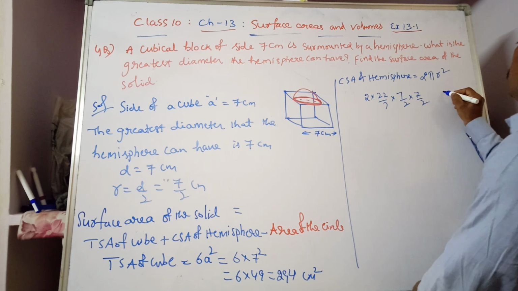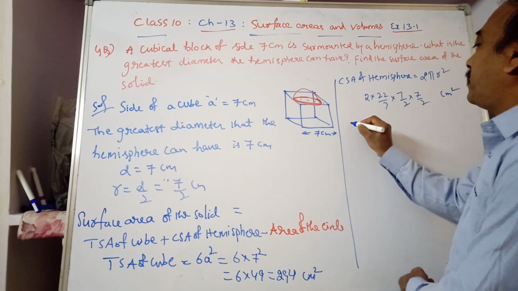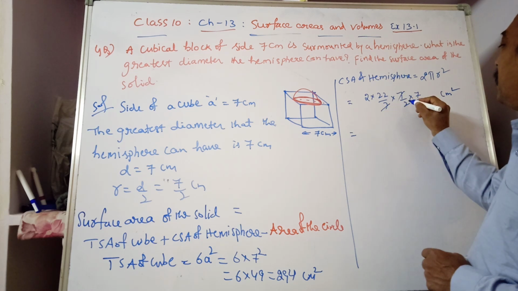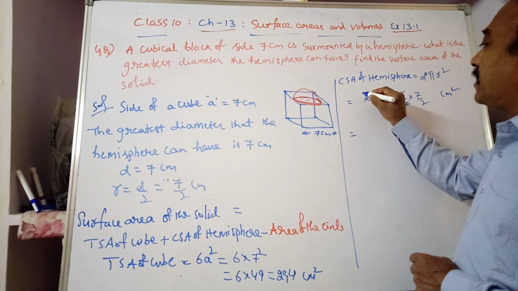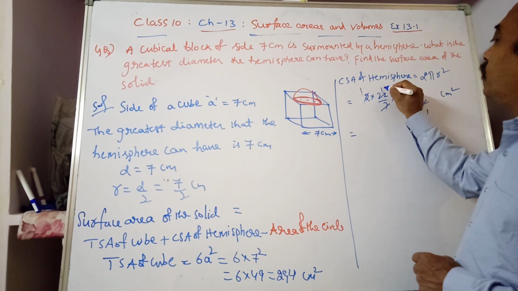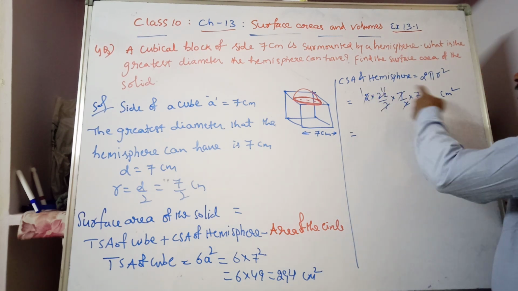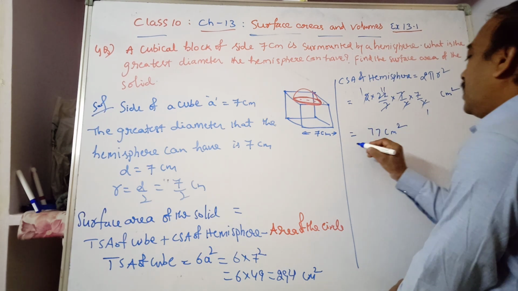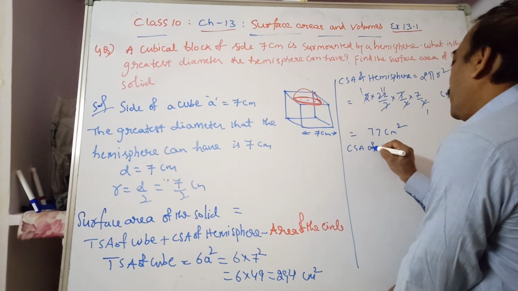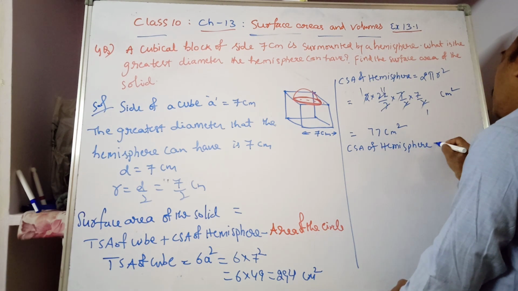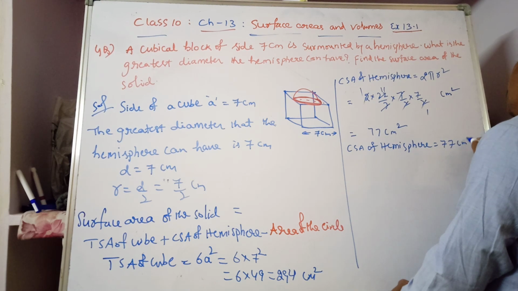Now 7 ones are 7, cancel. 2 ones are 2, cancel. Then 11 into 7 is 77 centimeter square. So CSA of hemisphere is equal to 77 centimeter square.